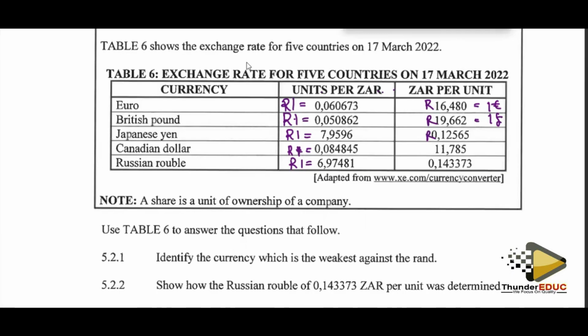These are rands for 1 Japanese yen. Yen is written like that. These are rands for only 1 Canadian dollar. Then these are rands for only 1 Russian ruble.